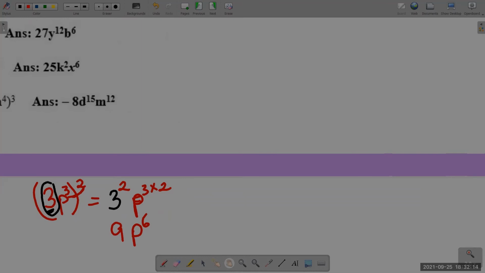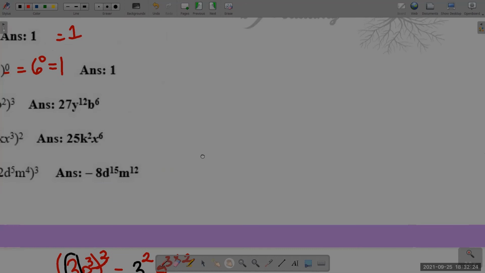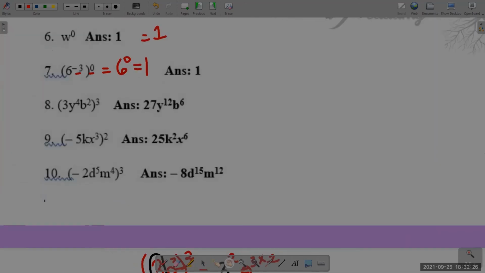So let's look again. Let me see. Let's look at this example and let's see if we could use this example. So basically what I'm saying is, you realize what law is this, guys? That's the first question in number 8. What law is that? Law number what? Is it 1, 2, 3, or 4?